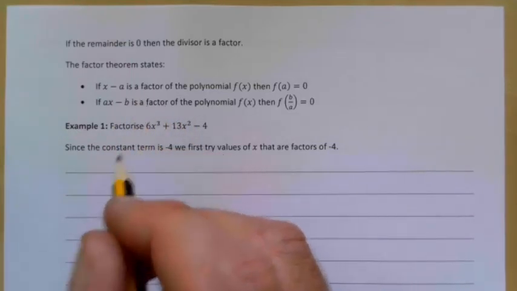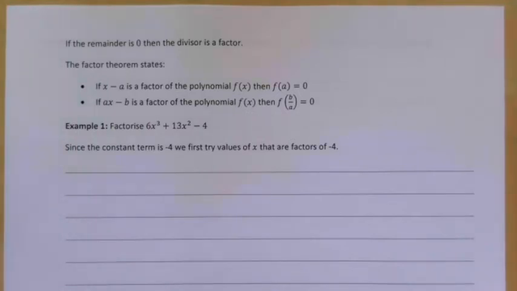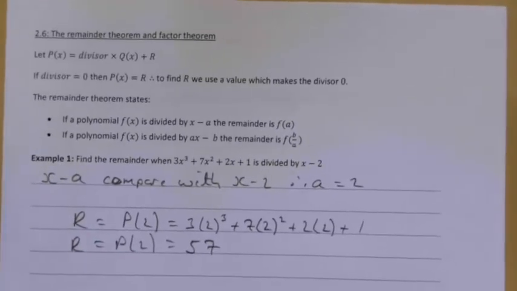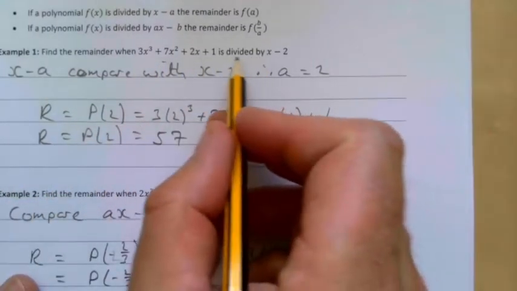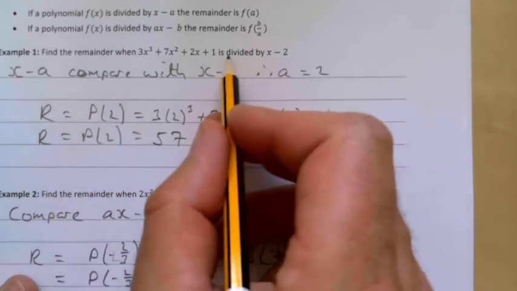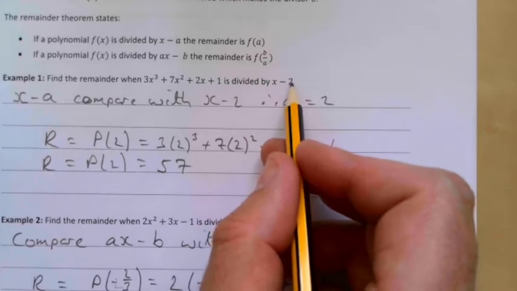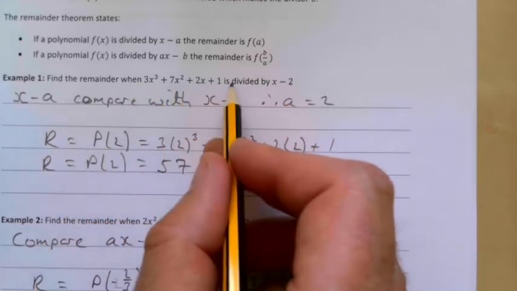So we can use the previous piece of information to our advantage to factorize cubic expressions. What we worked out with the remainder, say for example in this one, whenever this is divided by this, is the same as whenever we substitute the number 2 into this.